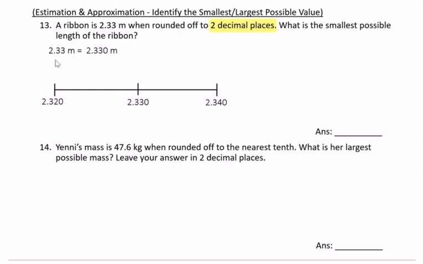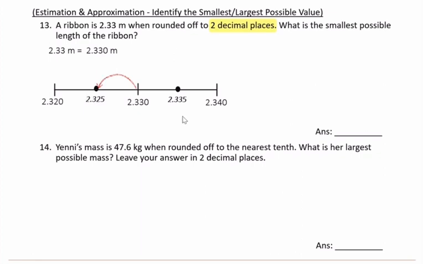When you do that, you need to find the midpoint also. It's the same as your whole numbers. So in the middle of 2.320 and 2.330, it's actually 2.325. This will be 2.335. I want the smallest, so I have to move back to the midpoint at the back, which is 2.325.